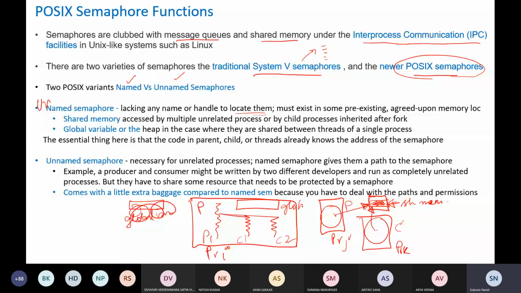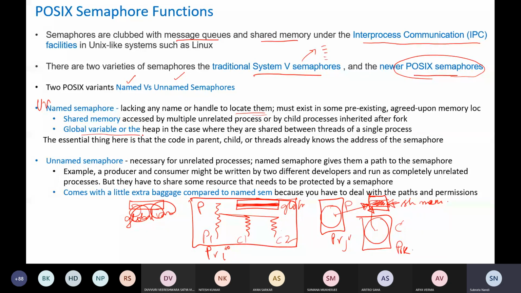In this case, the semaphore will be placed in the global variable, in some globally declared space. The point is, you don't have to uniquely identify the semaphore by a different unique name in such cases, because by default the threads, or in this case two processes, already have something shared among themselves.